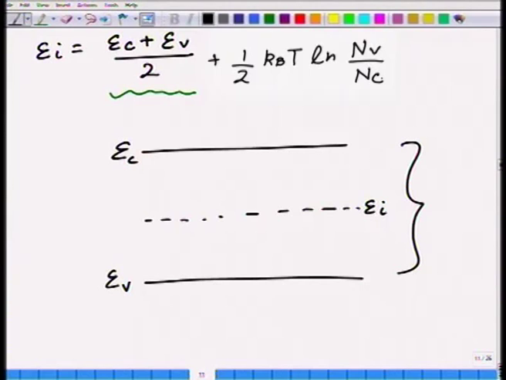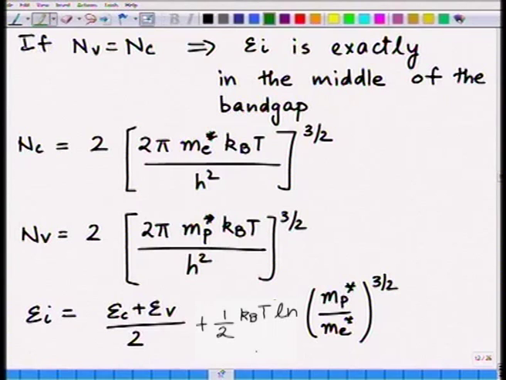So, let us say about 100 milli electron volt, or 0.1 electron volts. As long as we are about 0.1 electron volts away from the band edges, we are okay to use non-degenerate semiconductor statistics at room temperature, and since EI lies in the middle and band gaps are about 1 electron volt, we were justified in using those formulas.